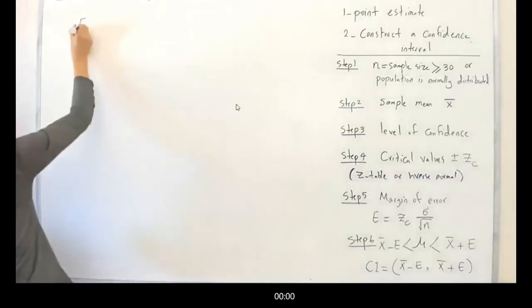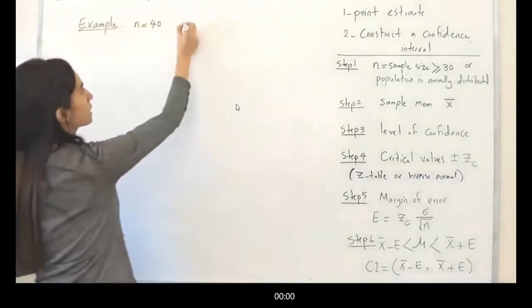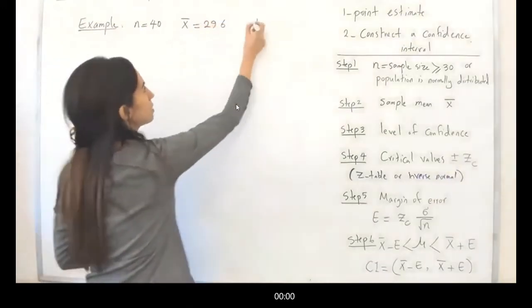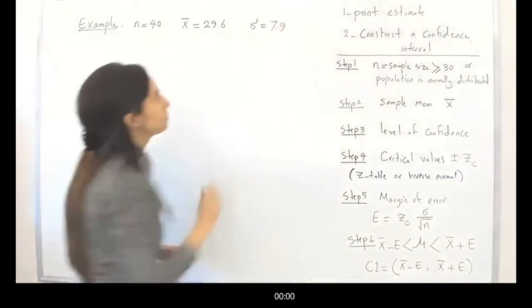So, in this example, we have the following information. n is equal to 40, x bar is 29.6, sigma is equal to 7.9.